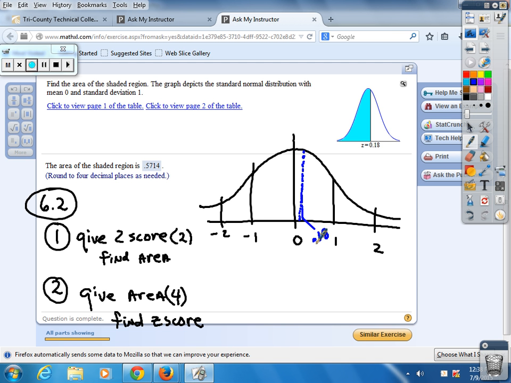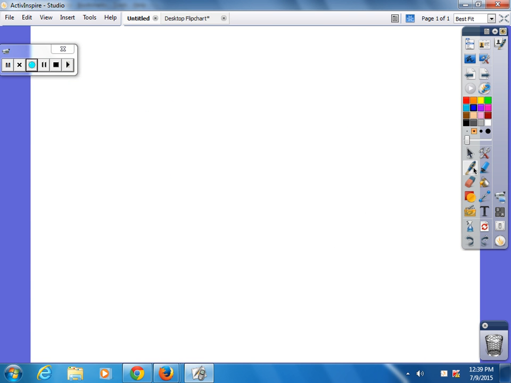Now, there are 3 ways to find the area. And I'm going to go to a white page right now because an online student sent me an email and asked, how do I find the area and the z-scores? Even though I've covered it in another class, I'm going to go over it again. 1.